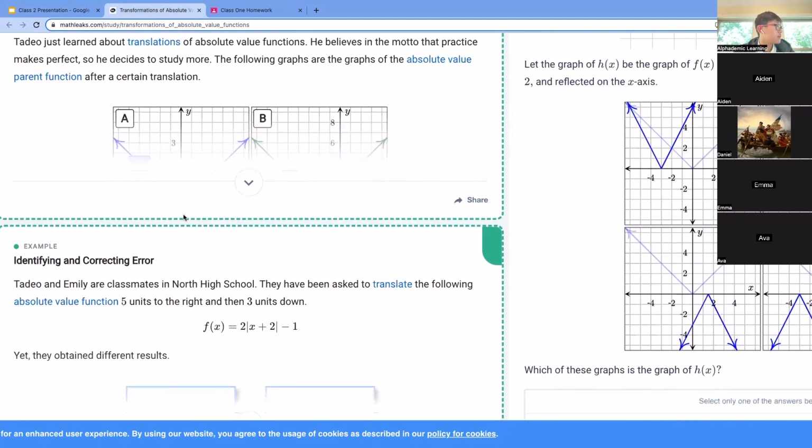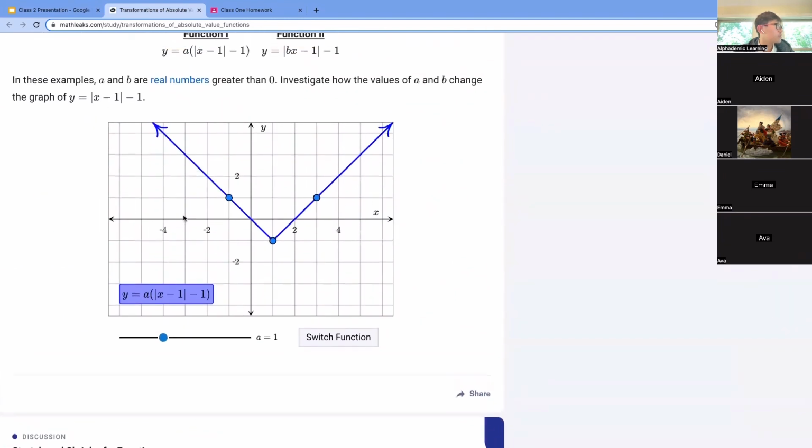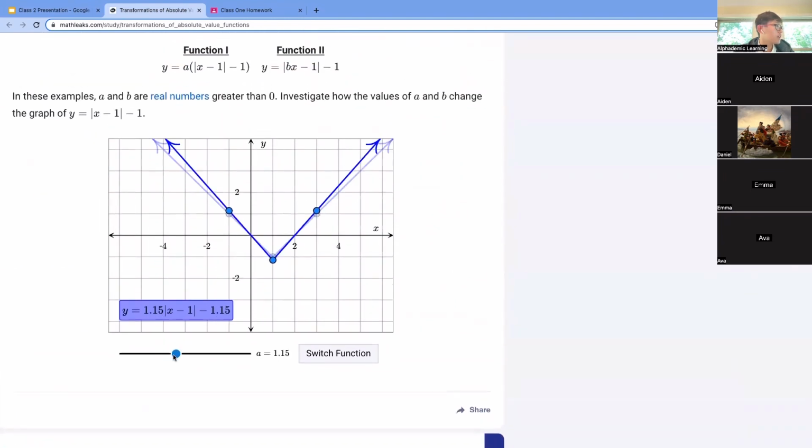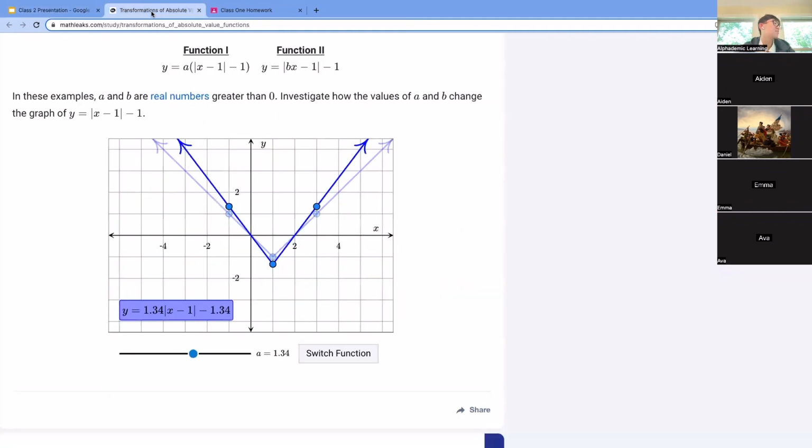scrolling down here, we can see that there is a stretch or shrink. When you see the A here, it is multiplying into the overall equation. We'll just set A to 1, so this is the regular function, y equals the absolute value of x minus 1, minus 1.